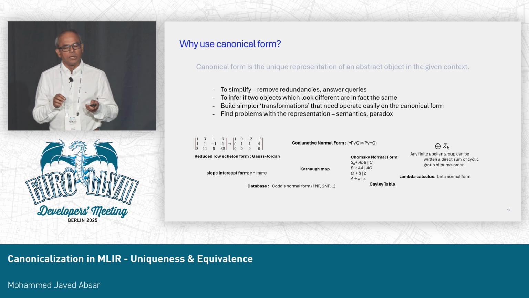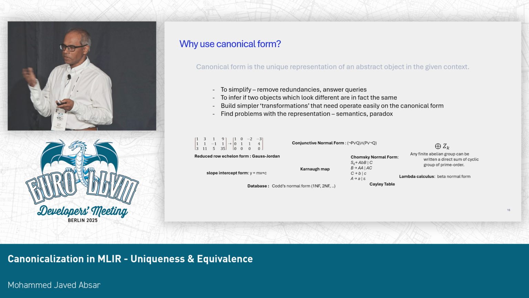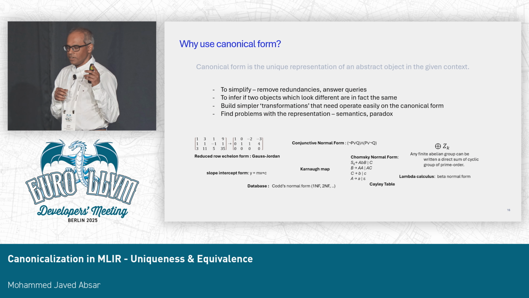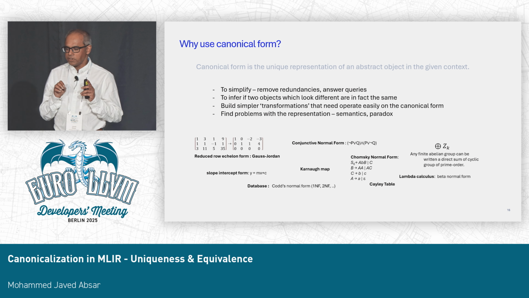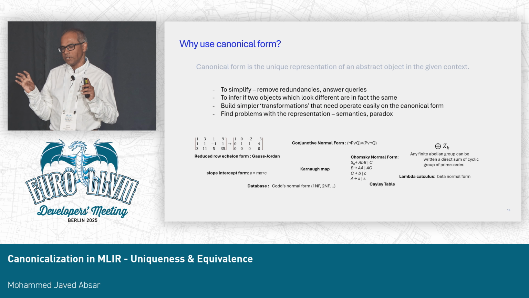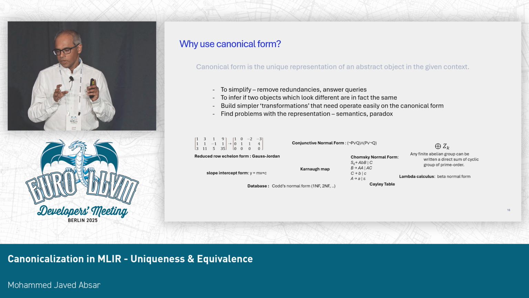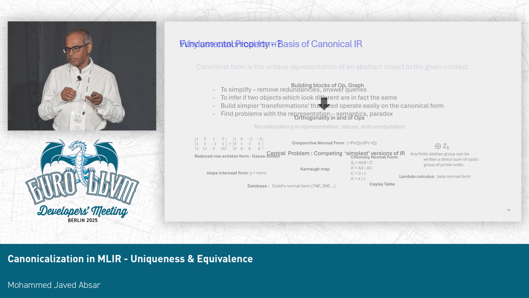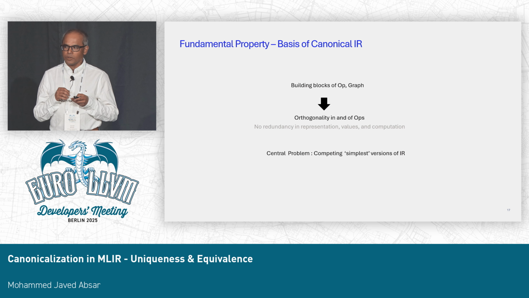And actually, we have seen canonical forms in many different disciplines, so it's nothing new in MLIR. I think we have adopted it very well in that way. Whether you're finding the basis vectors by reduced echelon matrix or in other disciplines, canonical form has helped. So what are we missing here? Why, when it comes to op and IR, it doesn't seem to help us?